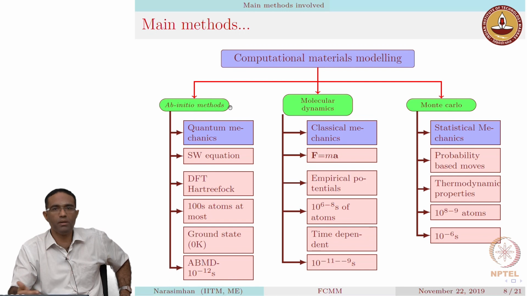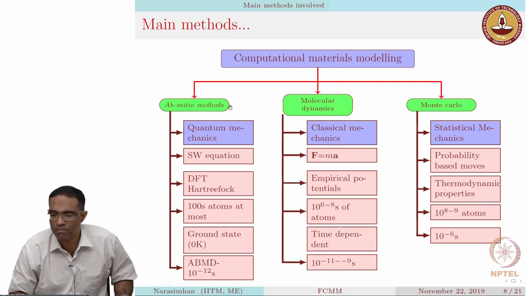But even here, the number of atoms and electrons that need to be taken into account is large. You generally are not able to deal with more than a few hundred atoms with existing computational resources, and deal with time scales beyond a few picoseconds.